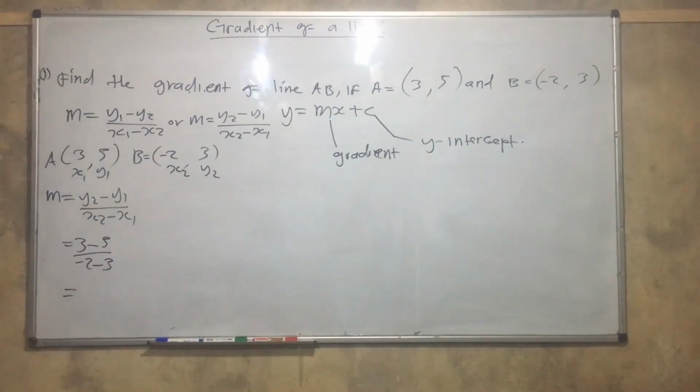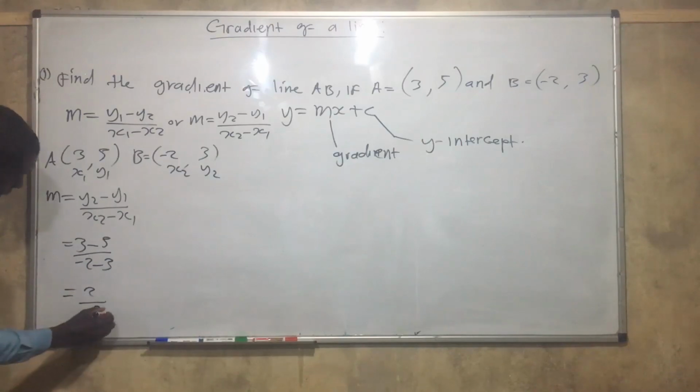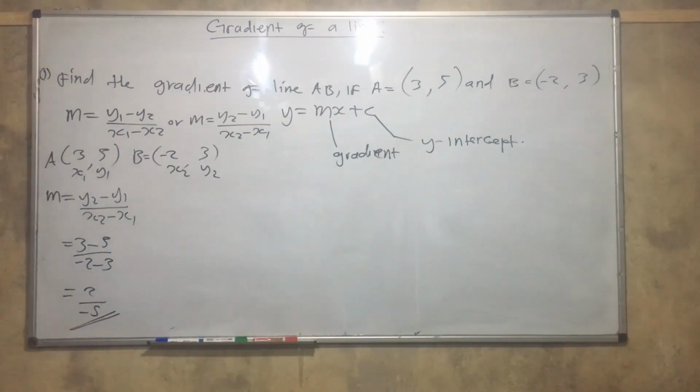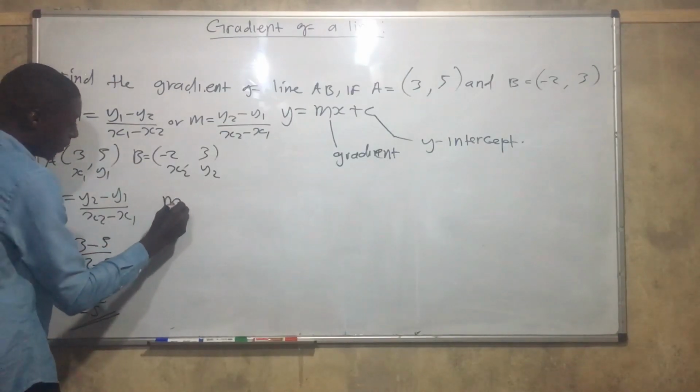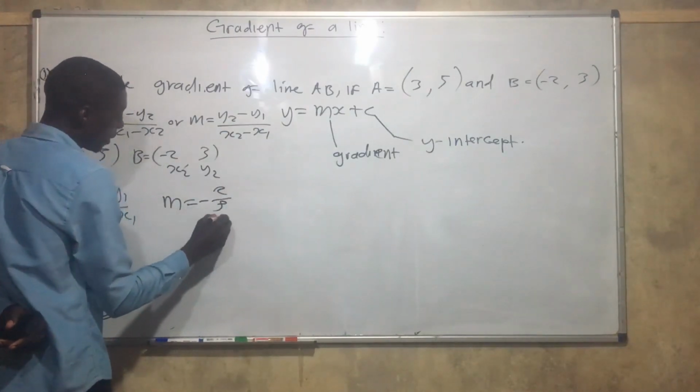So this will be equal to 3 minus 5 gives us -2, over -2 minus 3, which gives us -5. So this is the gradient. So m is equal to -2 over -5, which is 2 over 5.